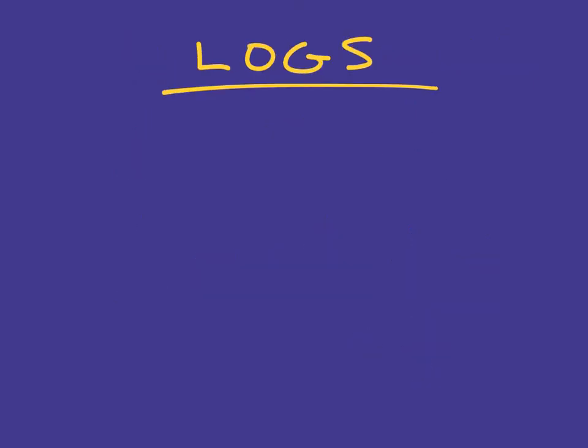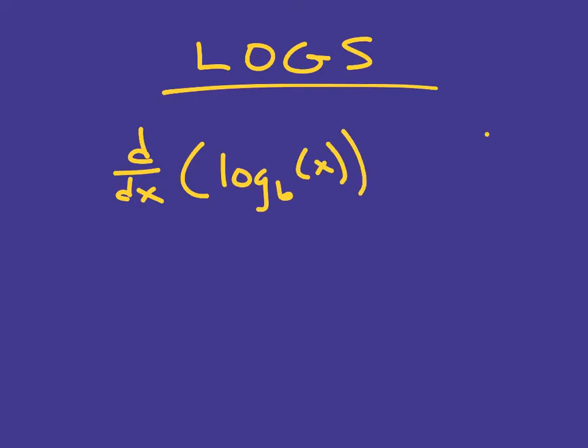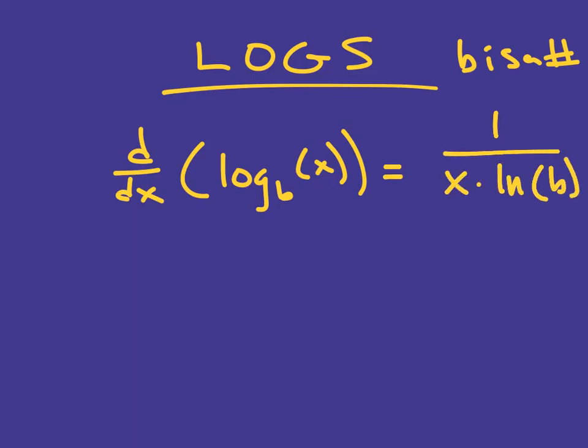Now if I do a derivative of just a standard log function, let's do this: d dx of log base b of x. Now remember that b is a number. And so as a result, my derivative of this is going to be 1 over x times the natural log of b.